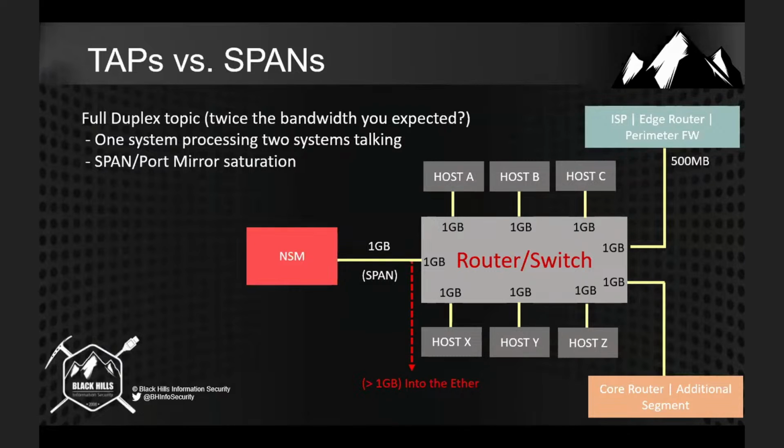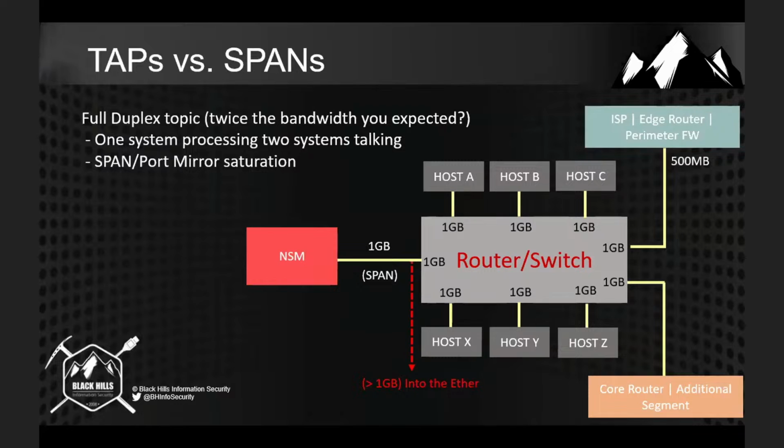And so you would work with your network security folks, or your NOC or your network engineers, to configure that switch or the router technology as a span for which segments you would like to span. The one thing I wanted to highlight with spans is that, for this simple example here, we have a switch that has gigabit ports, and the span traffic itself is also on a gigabit port.